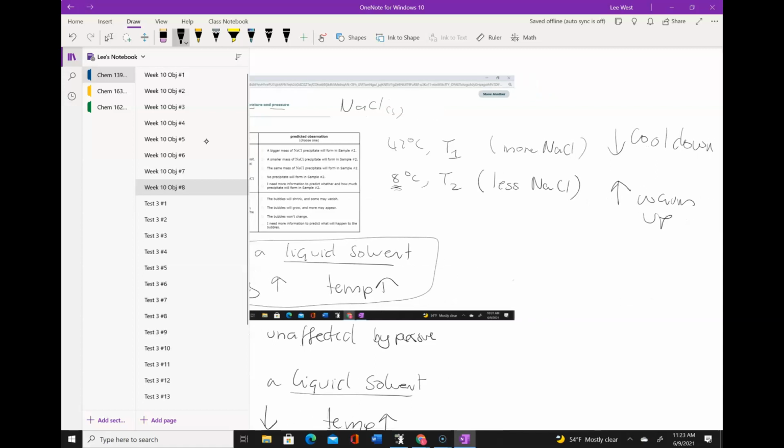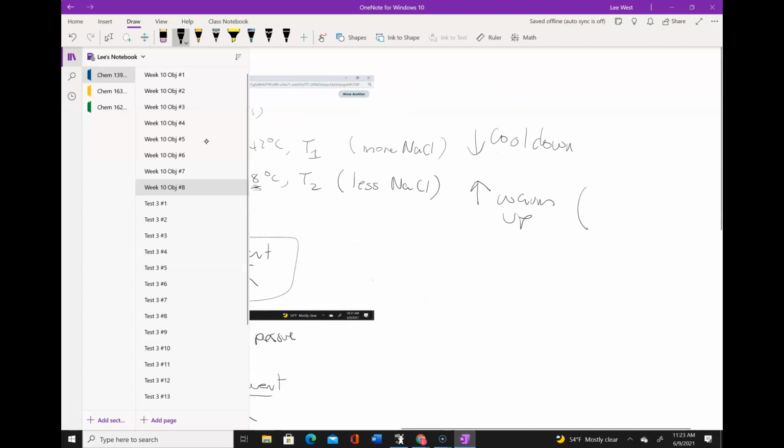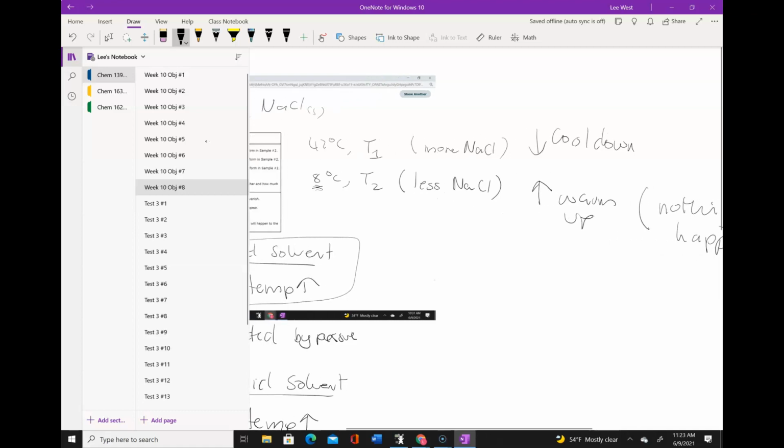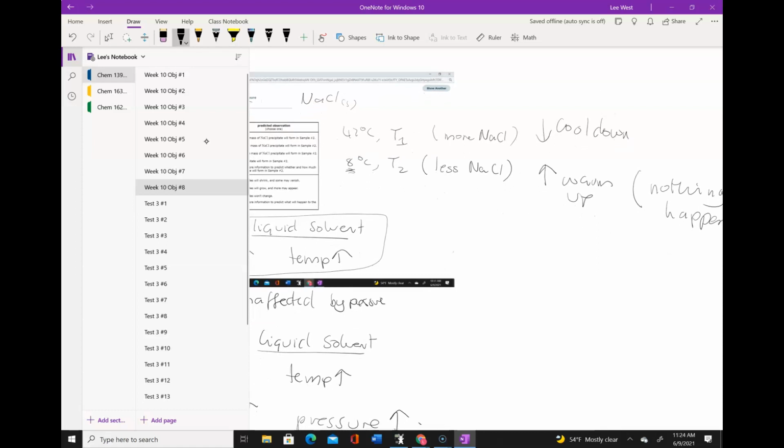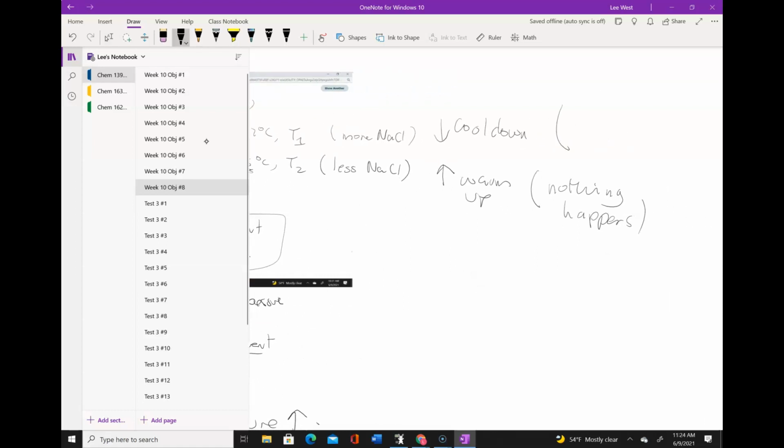Because it's saturated at 8 degrees Celsius. Warming it up is actually going to make it possible for more to dissolve. So warming up a saturated solution, nothing is going to happen. Nothing happens. But when you cool down a solution from 42 to 20 degrees Celsius, you're going to reduce the solubility, and you would expect solid to come out of solution.